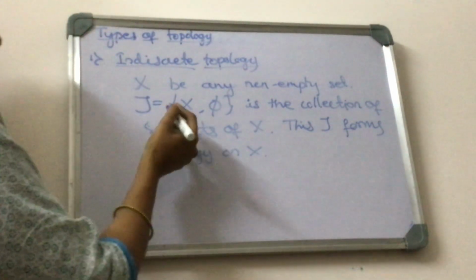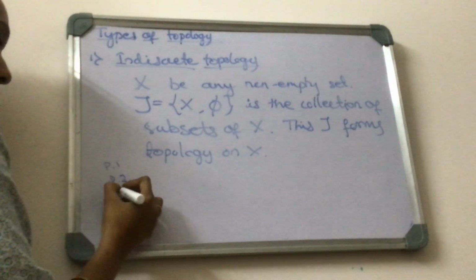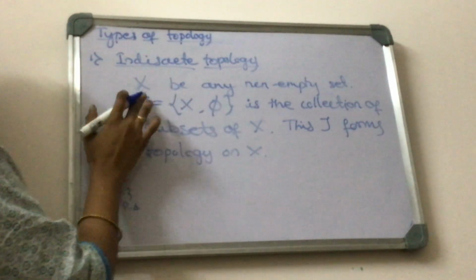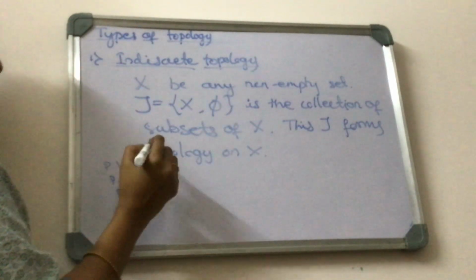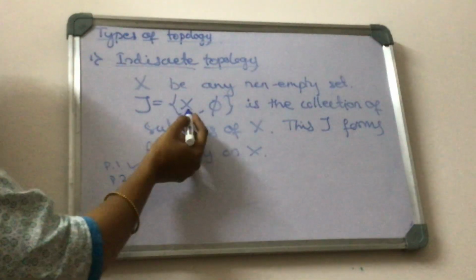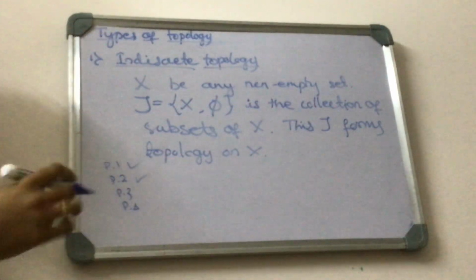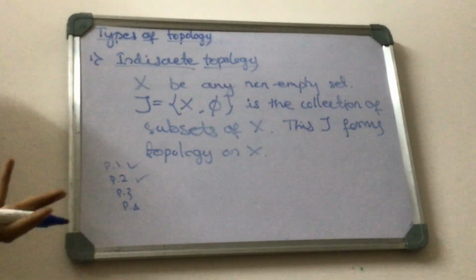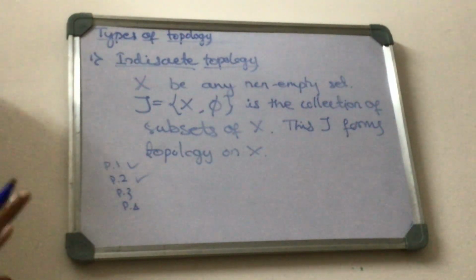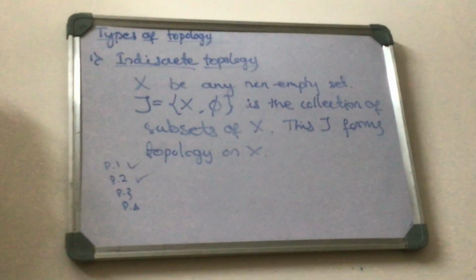How it forms? Because see, by P1 to P4, P1, P2, P3, P4. P1 is what? Phi must be in tau. So phi is there. Okay. And second one is what? X must be in tau. So X is there. Union of members of tau. However, how many members are there? We don't know. But if you do the union, it must be there. Okay.